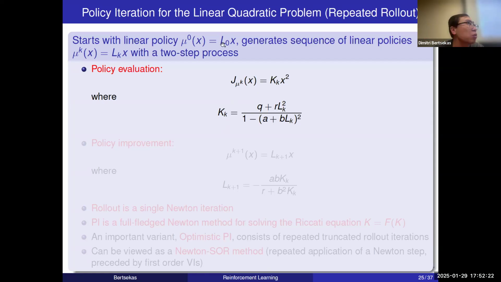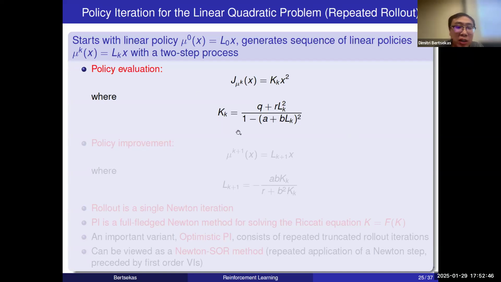Start from L0 that is stable. And it turns out there's an explicit formula for this cost function, which looks like this. And that requires A plus BLk to be smaller than 1, right? If A plus BLk is bigger than 1, then we don't have a finite cost.